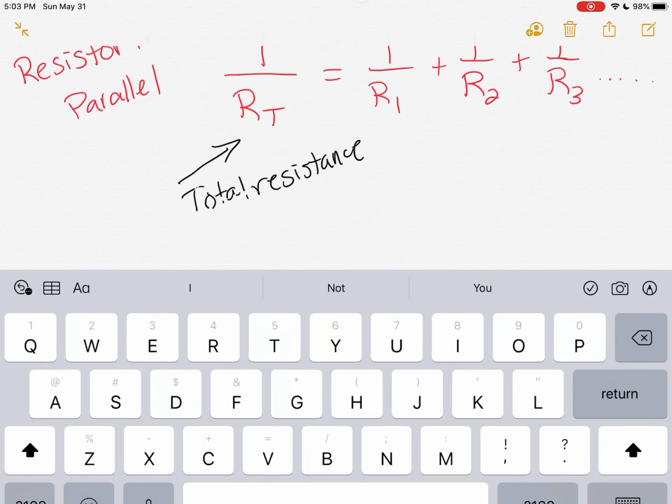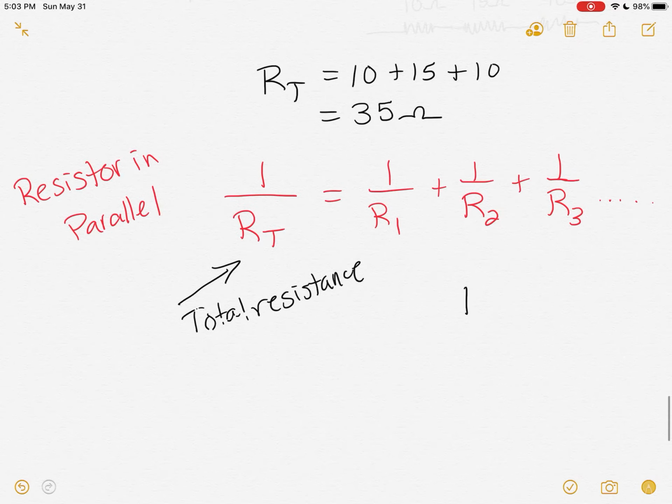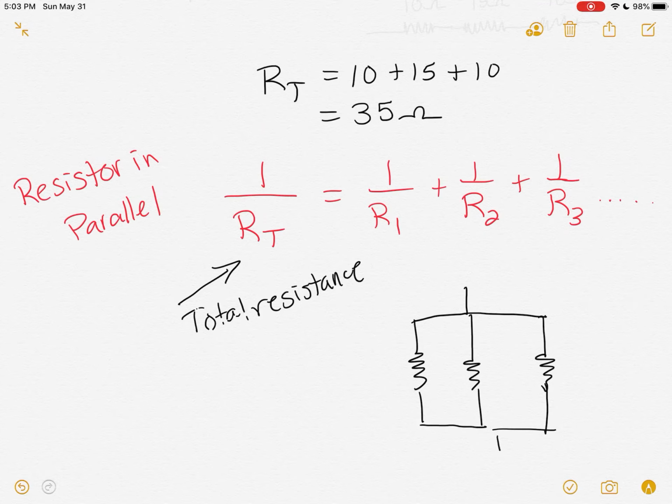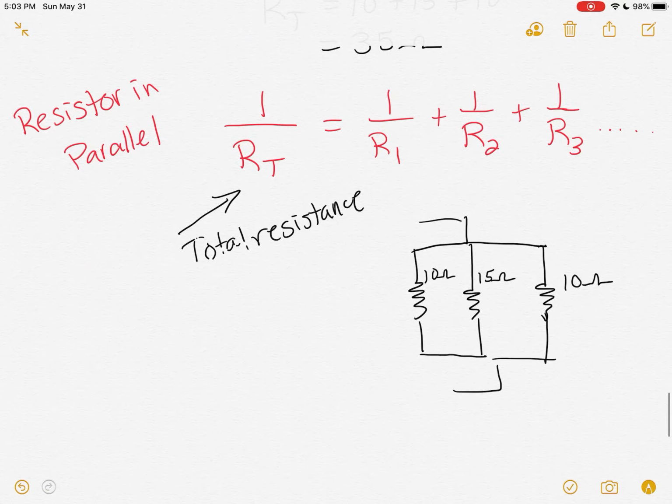Say we have our same three resistors, but now they're in parallel with each other. We still have a 10 ohm, a 15 ohm, and another 10 ohm resistor.